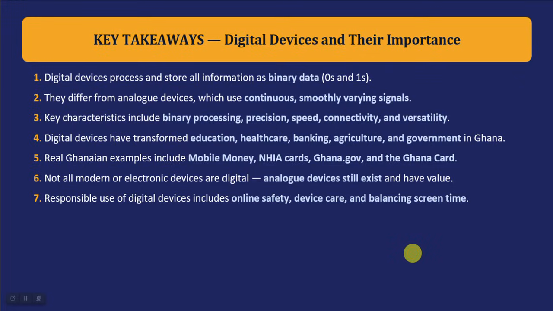Let's bring it all together with our key takeaways for today. Digital devices process and store all information as binary data, zeros and ones. They differ from analog devices, which use continuous, smooth, varying signals. Key characteristics include binary processing, precision, speed, connectivity, and versatility.